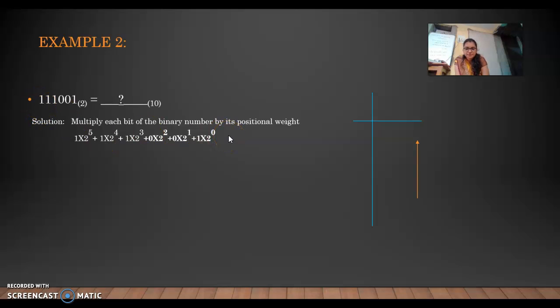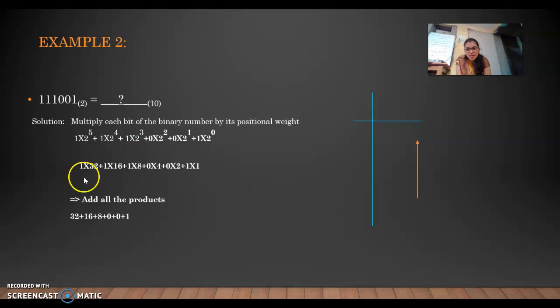Simplify it. 1 into 2 to the power 5 is 32, plus 1 into 2 to the power 4 is 16, plus 1 into 2 to the power 3 is 8, plus 0 into 2 to the power 2 is 4, plus 0 into 2 to the power 1 is 2, plus 1 into 2 to the power 0 is 1.